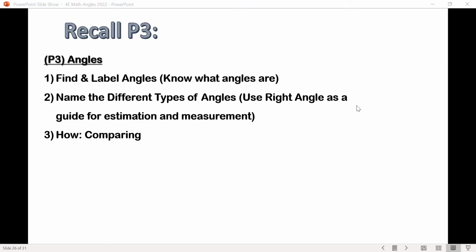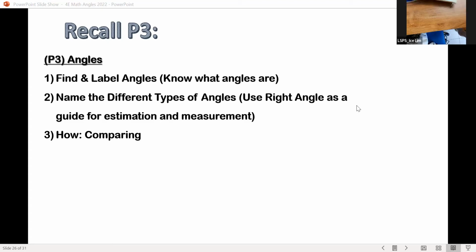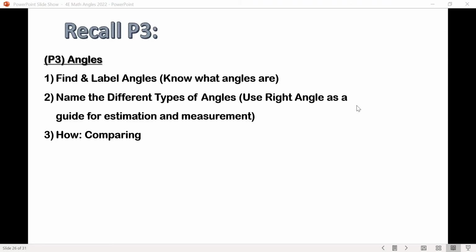But like just now in the Kahoots, you will never use the term small to describe an angle, because angle is a special unit of measurement, very special. What's so special about it? Let's hear more about it in a while.